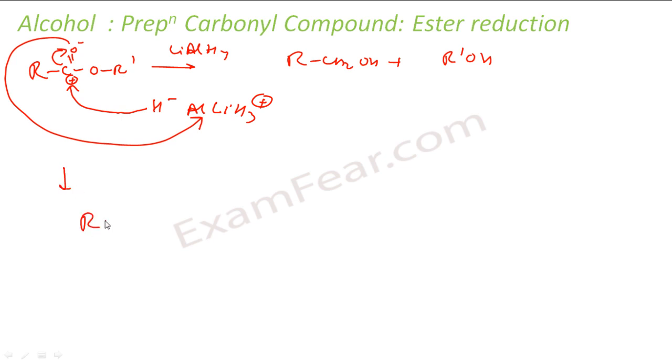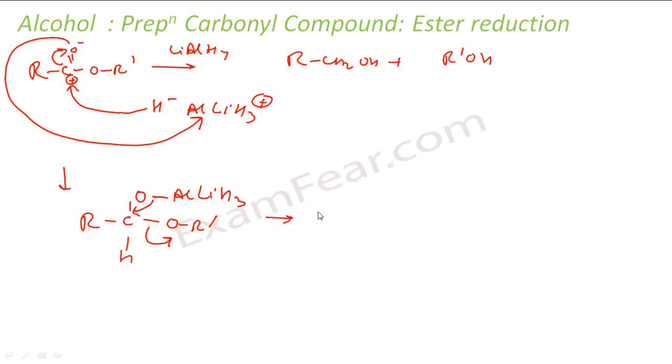Correct. So what you get is RCO, this AlLiH3, and here you get H, and here OR dash. But it's very complex. Again, it will collapse. So what will happen is, this bond will break. Correct. This bond will come here, and this guy will leave.